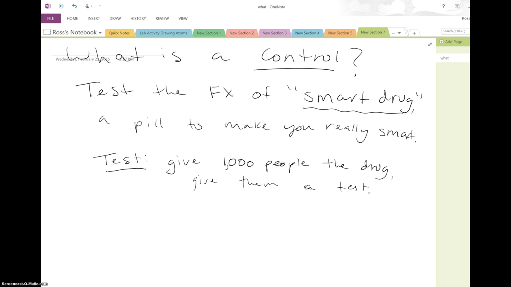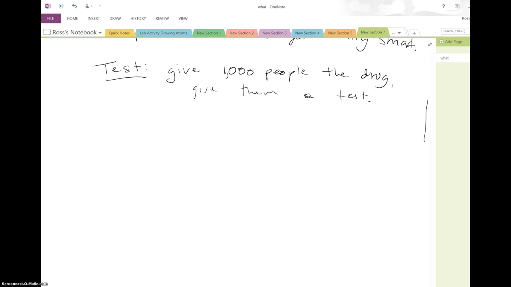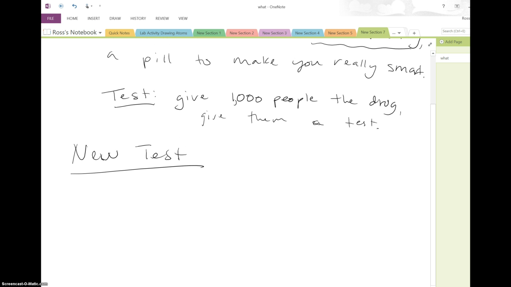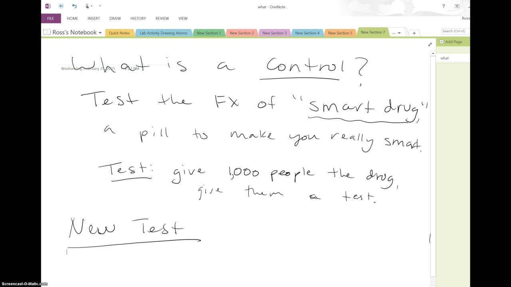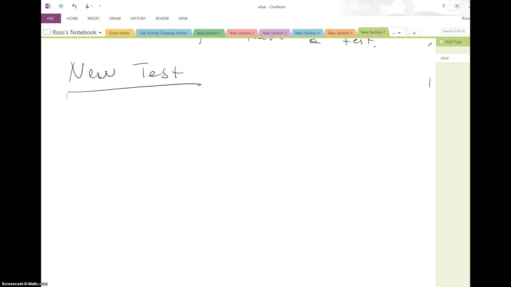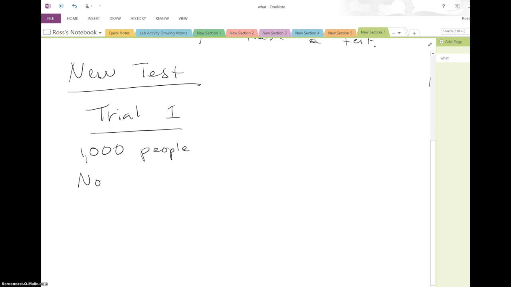Well, the new and improved test is going to have two trials. Sorry, this is getting moved around. Trial 1 is going to have 1,000 people, no drug.